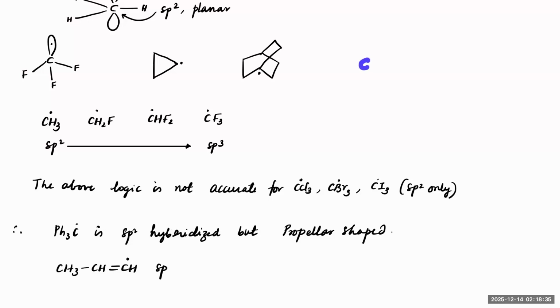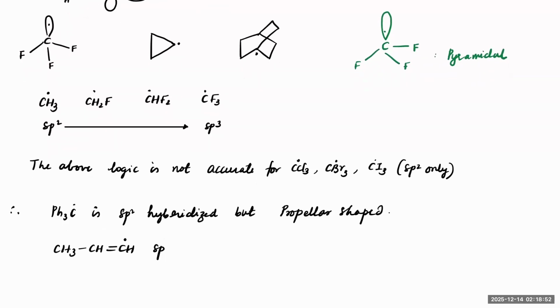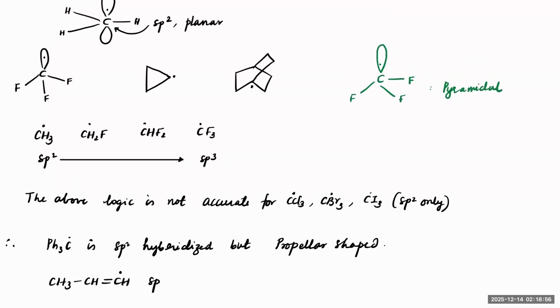So this is how the shape would look like: carbon having a hybridized orbital with a dot, and then we will have three fluorines here. So that will become a pyramidal state. So you can see that it will showcase sp3 in this case.